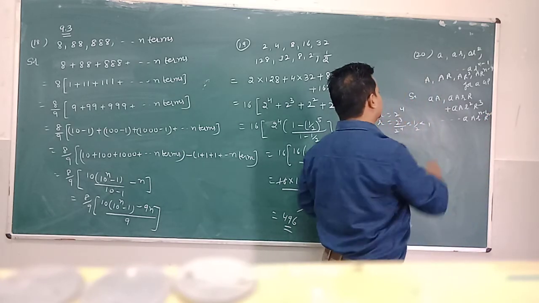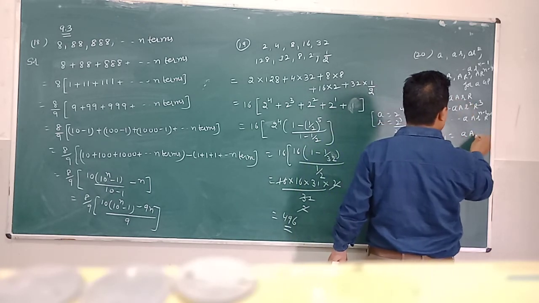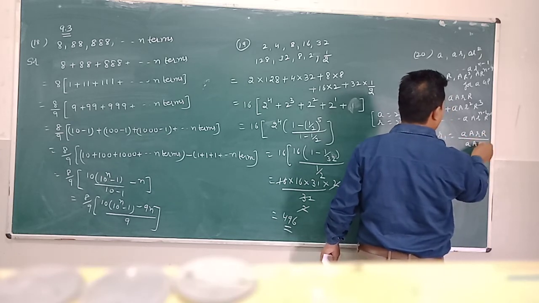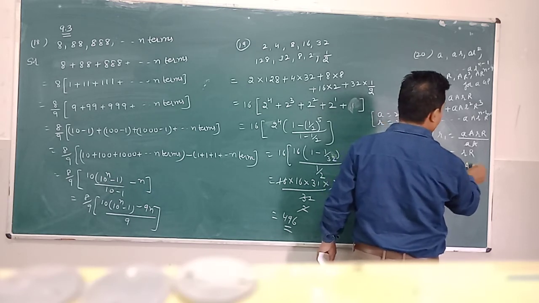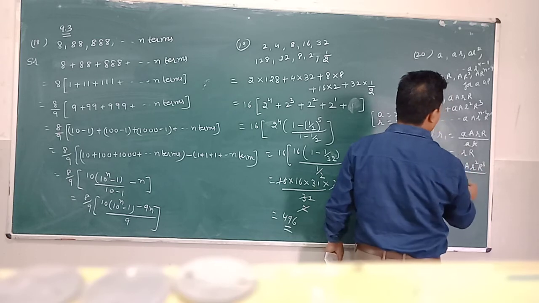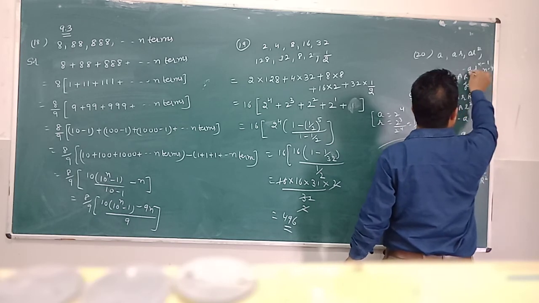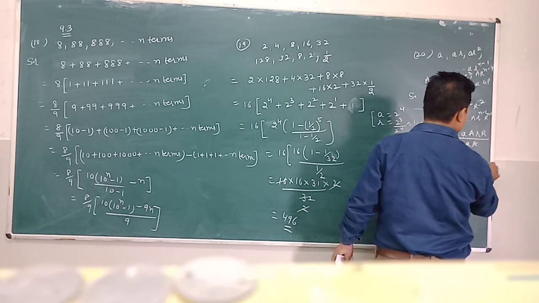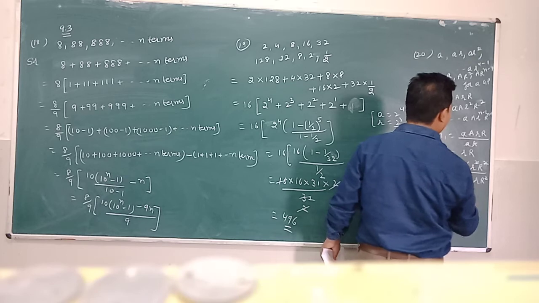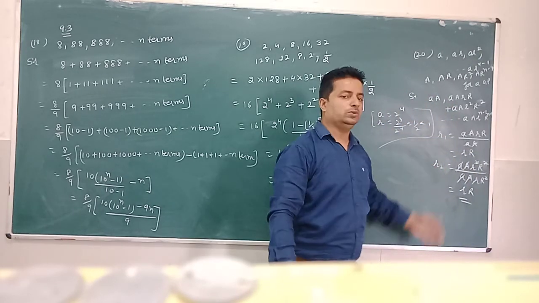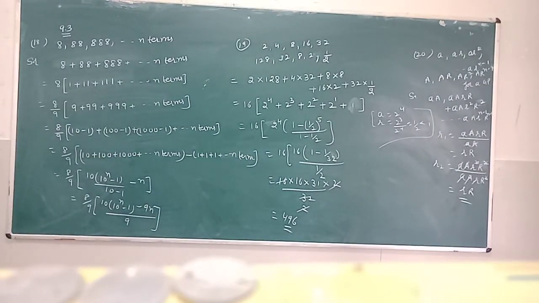To check whether this is a GP, first we find the common ratio, which is a2 by a1. Cancelling, R into R, when we find r2 by r1, the common ratio is R into R. So it forms a GP, and the common ratio is R into R.